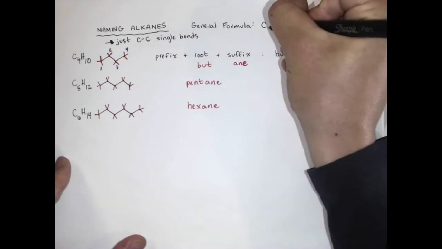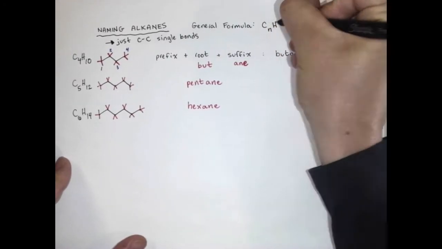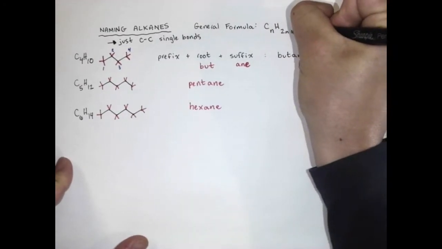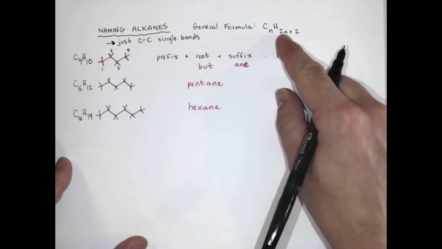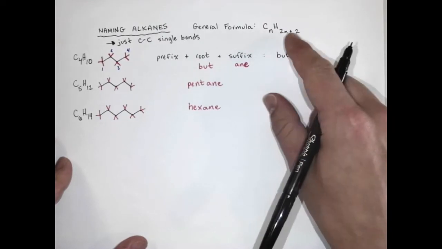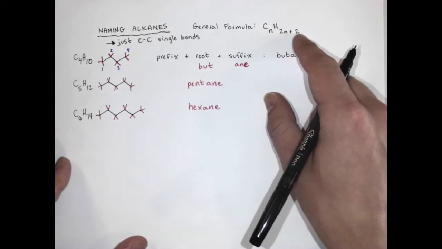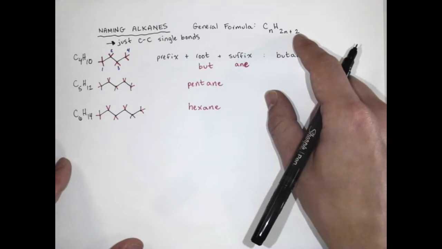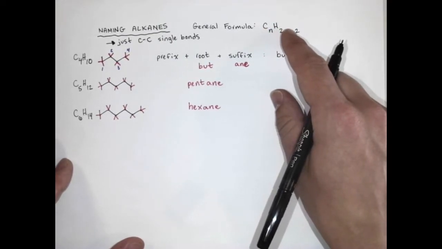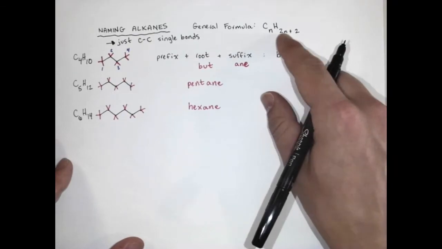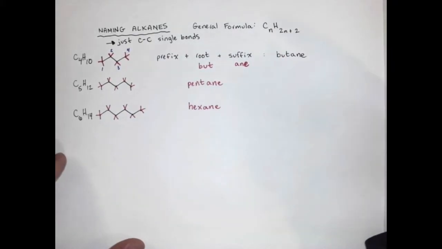So this leads us to a general formula for alkanes, where the number of hydrogens in the molecule is twice the number of carbons plus 2. This is a useful way for identifying an alkane just by looking at its formula. We're going to use these general formulas in a future video when we start looking at things called isomers.